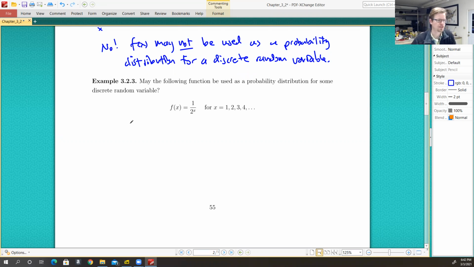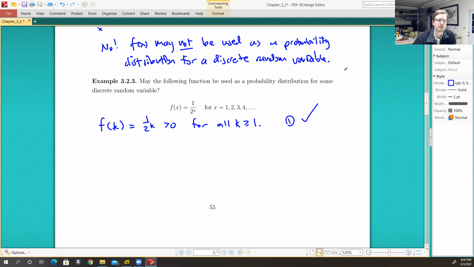Instead of checking all of the values, because we could never do that, we should notice that if we plug in an integer, we get 1 over 2 to the k, which is strictly greater than 0 for all k greater than or equal to 1. So that first condition, that they're all non-negative, is satisfied.